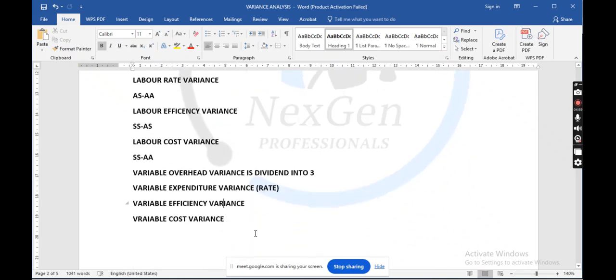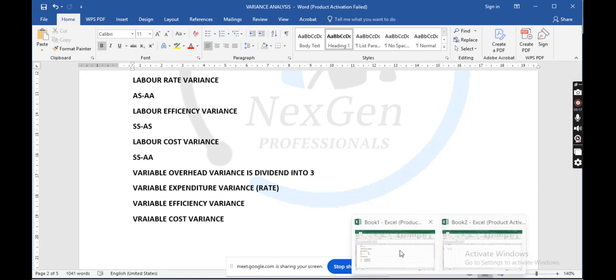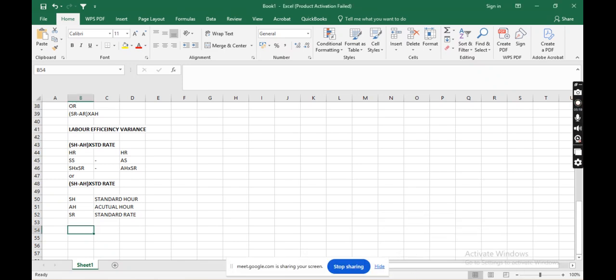The only difference is that instead of saying this is for labor, it will be variable overhead, right? It is still the same thing. So the only thing is that I can just change it as expenditure.